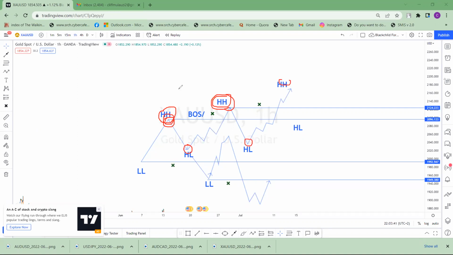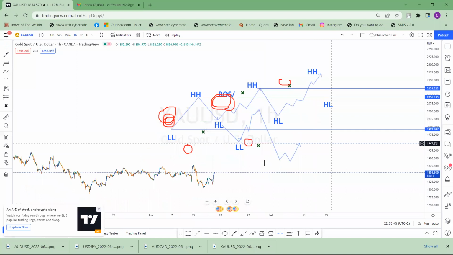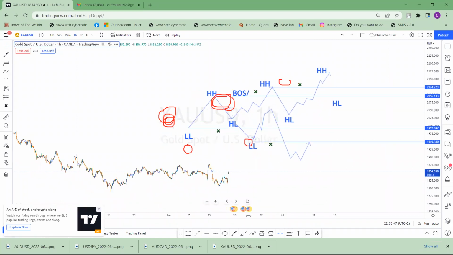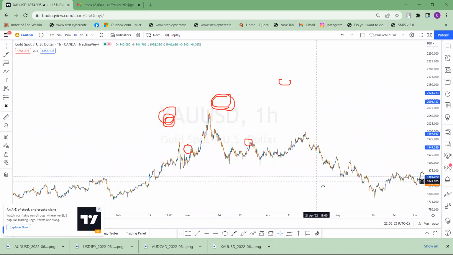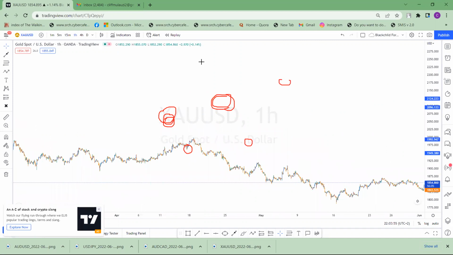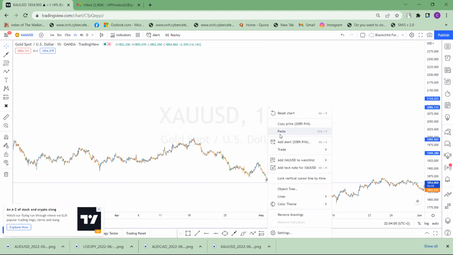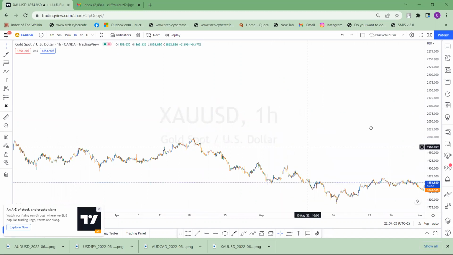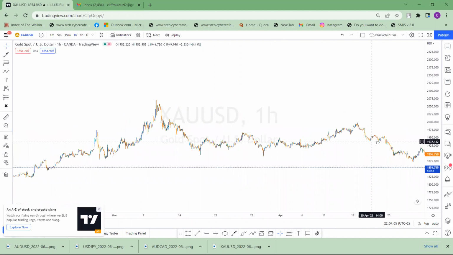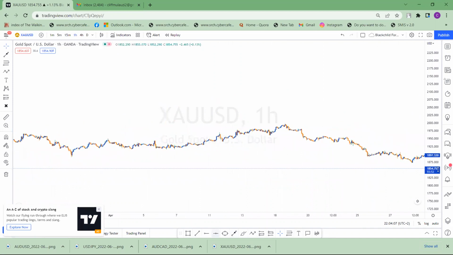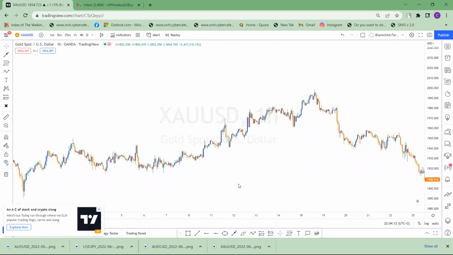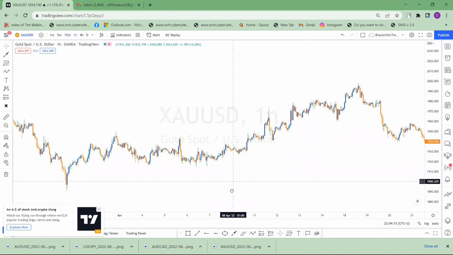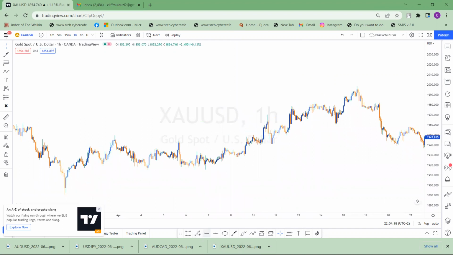Let me give you another example. In this market, we buy a commodity when it's cheap and we sell a commodity when it's high.